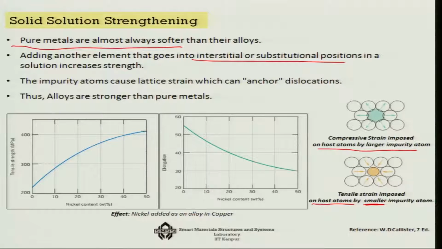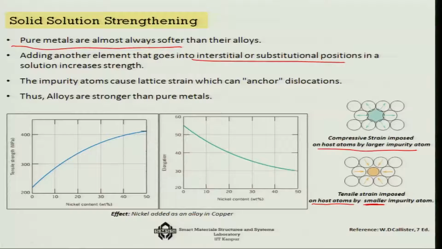A larger atom takes more space, so it pushes all the other atoms inside the grain, giving a compressive strain. If you put in a smaller one, the others come towards it, and as a result there is a tensile strain. In both cases you can influence the dislocation motion, which is denoted by the Burgers vector, with the help of the impurities.